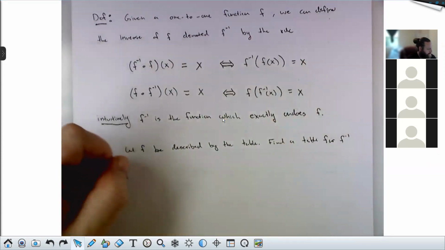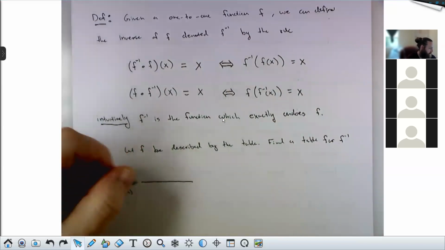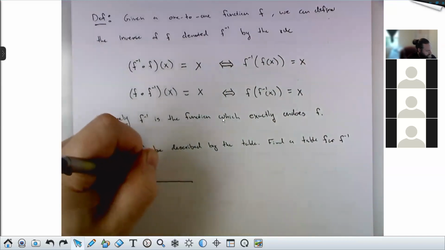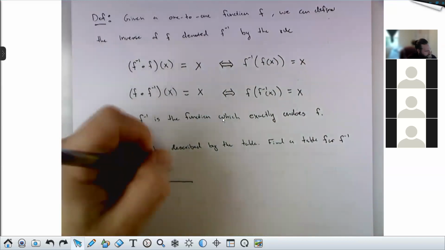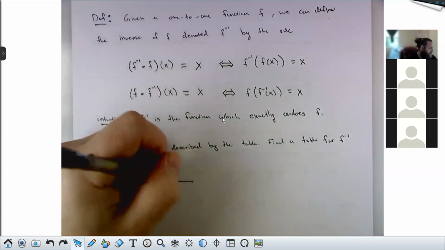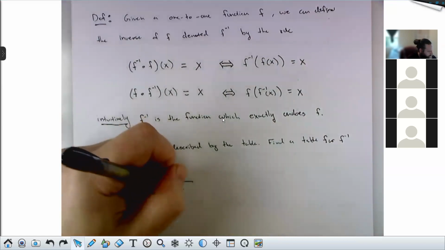So here, let me give you a table of x's and f of x's. Maybe f sends 0 to 2, sends 1 to 3, sends 5 to 1, and sends 7 to 4.